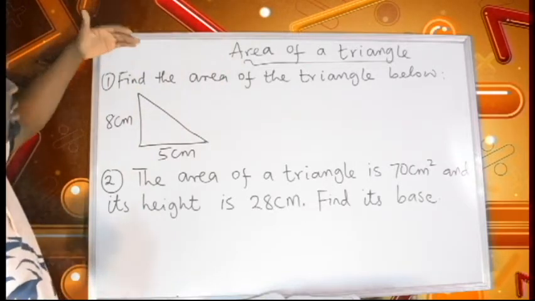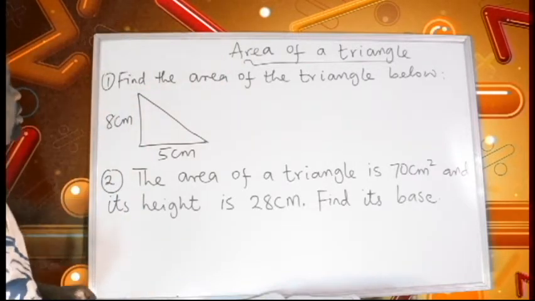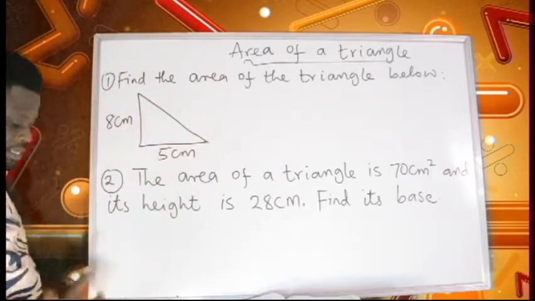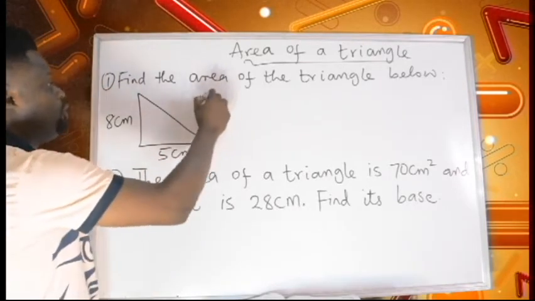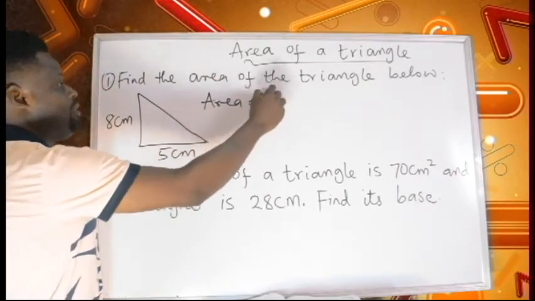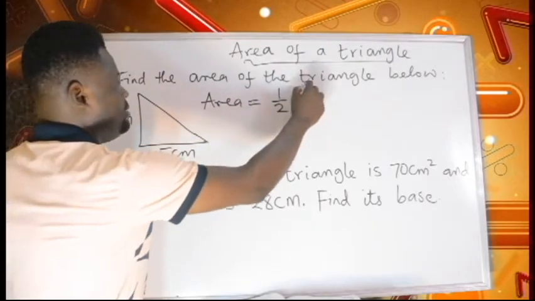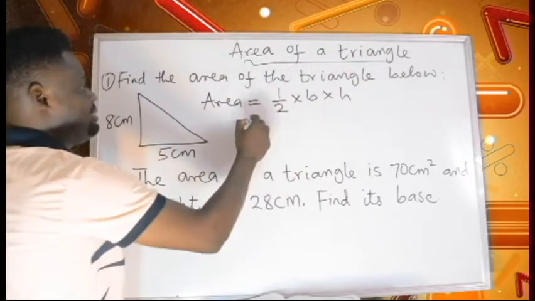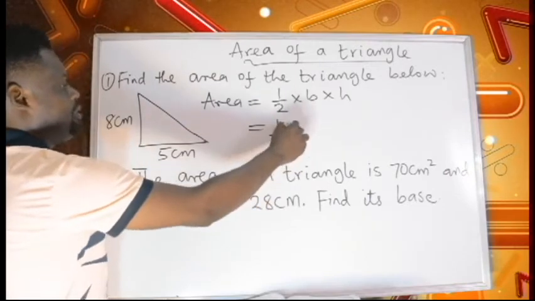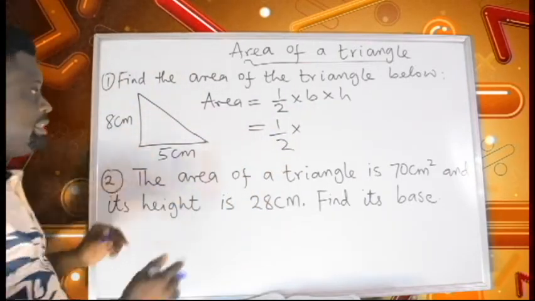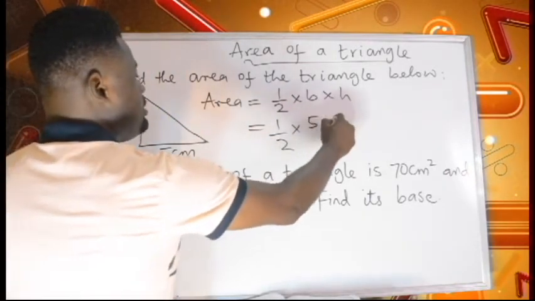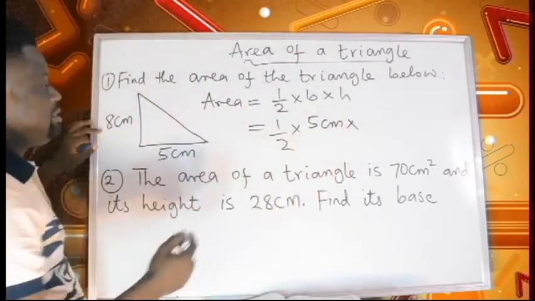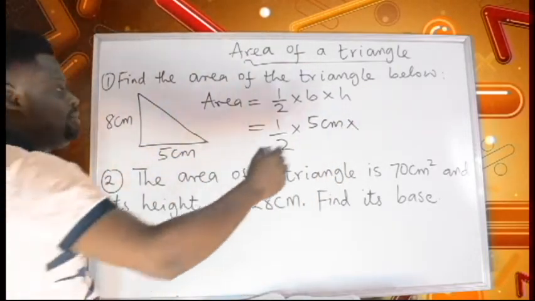So we have to find the area of this triangle. This is the height and this is the base. We see the area of a triangle is half times base times your height. Half times your base, which is 5 centimeter, times your height, which is 8 centimeter.